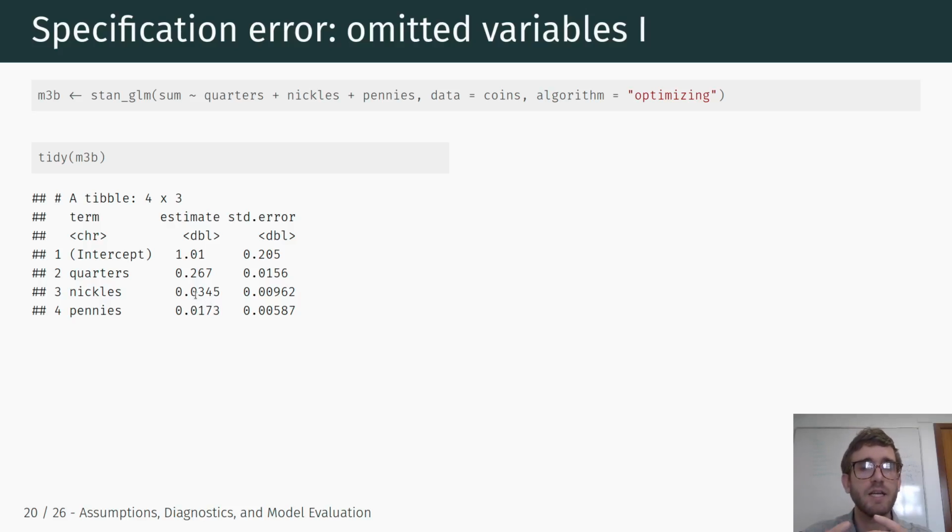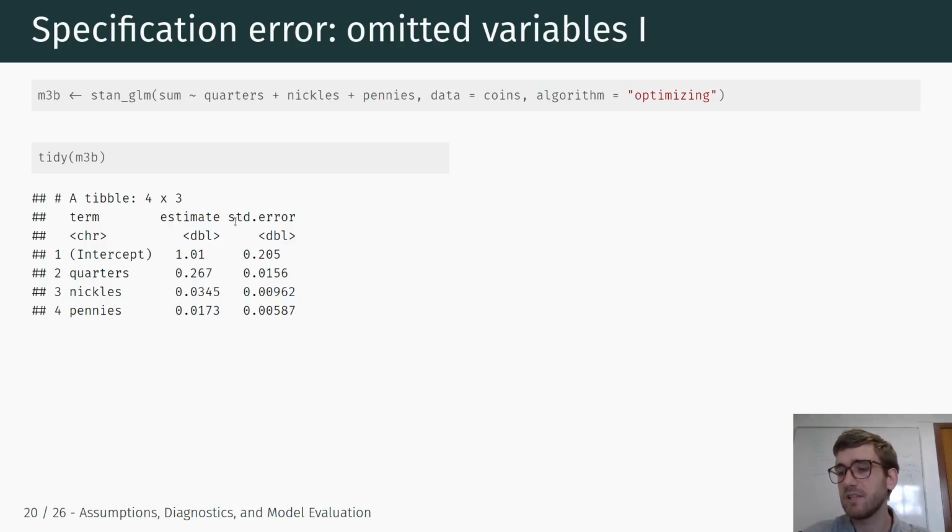Okay, so the underlying reason here is that the number of dimes is not correlated with any of the other predictors. So whether or not we're including or excluding this predictor, this actually doesn't induce any bias in our remaining estimates.